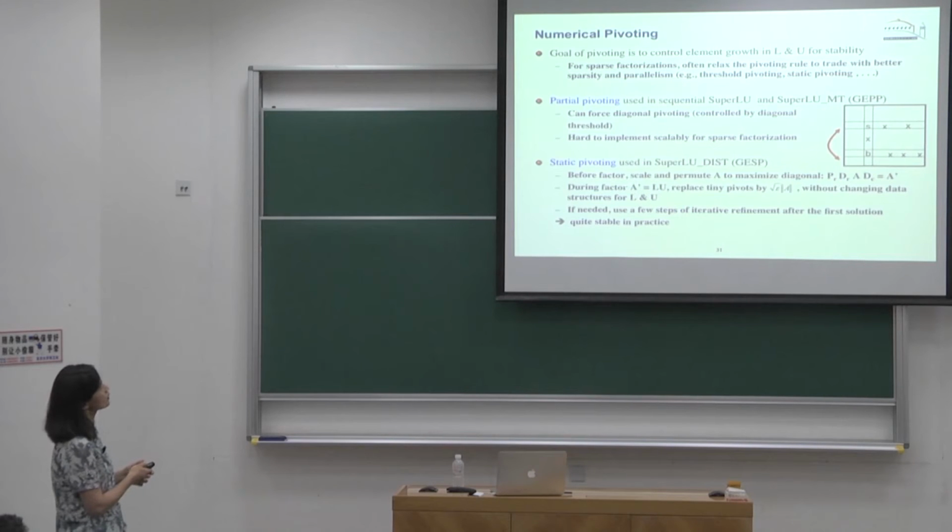So before factorization, we first do the scaling with 2 diagonal matrices. We scale the matrix so that their magnitudes are roughly the same. And then we find a permutation to permute A to maximize the diagonal of this equilibrated matrix.